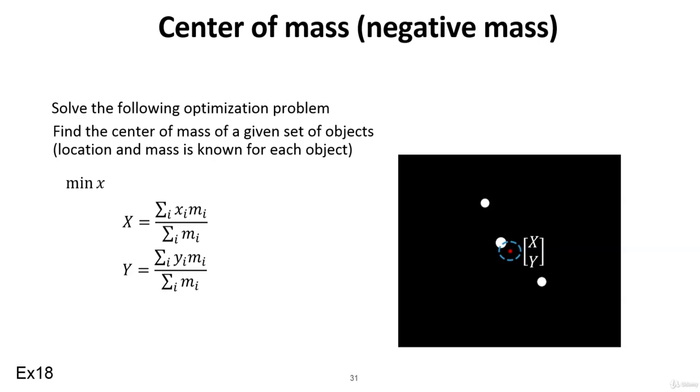Okay, so in order to solve the problem, we can follow the same formulation, which is x is equal to summation of xi mi divided by summation of m, and also the same for y, but with small differences. So we can assume that the center of mass of the plane is located at its center point.